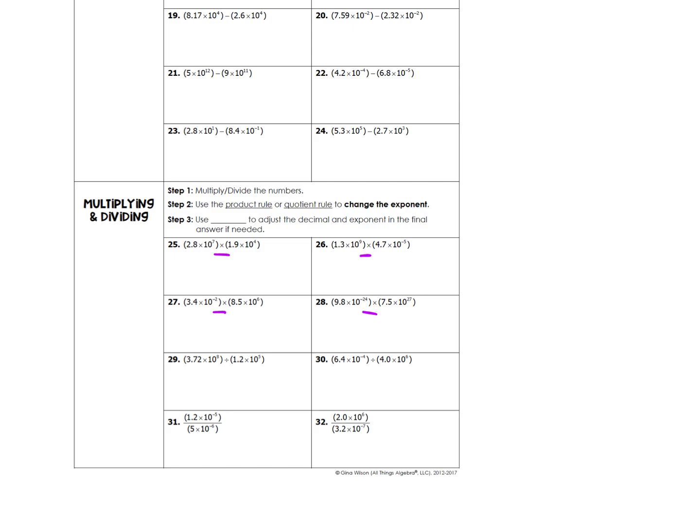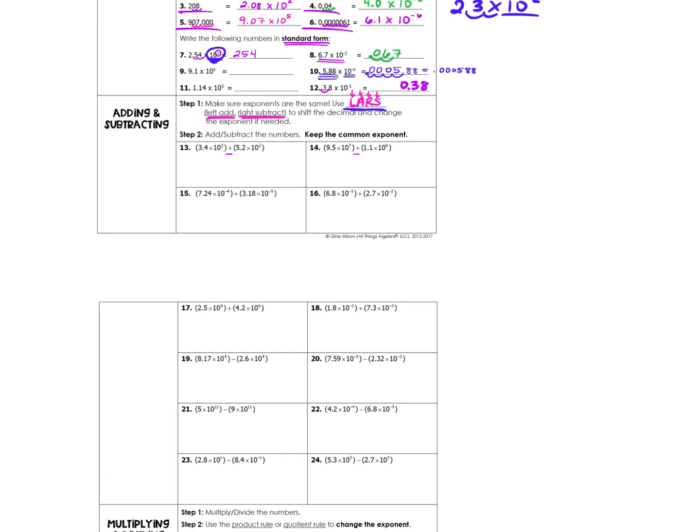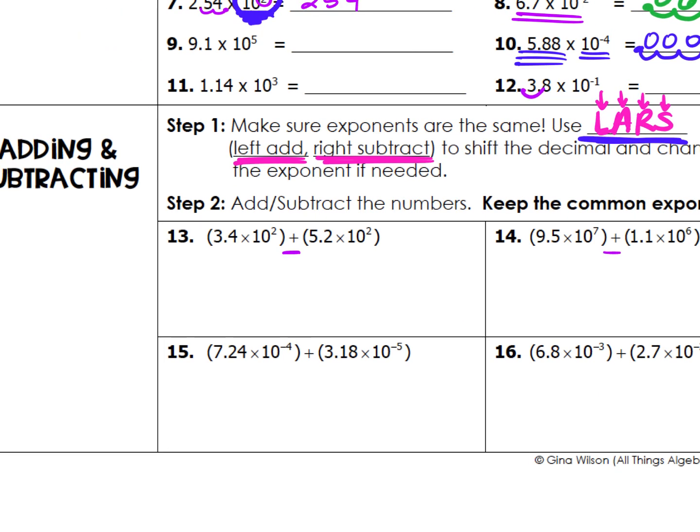You treat them differently. So just like we did before when we were adding, you need like terms, okay? So 3.4 times 10 to the second plus 5.2 times 10 to the second. If these are not the same, 10 to the second and 10 to the second, you can't do it, okay? So because these are like terms, all you have to do is add that first part. Take this and add them together.